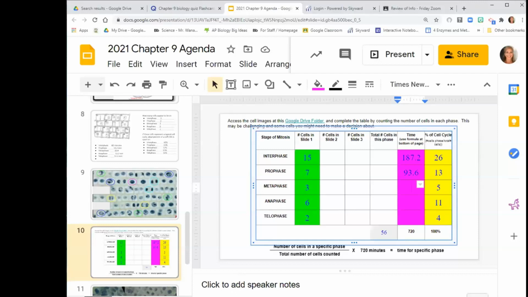If you did 5%, that's 0.05 times 720, because we're using the 720 as our time for the full cycle, you would get 36 minutes. 11%, 0.11 times 720, 79.2. 0.04 times 720, 28 point something, if I did my math correctly.